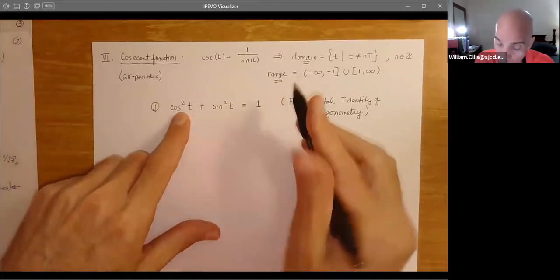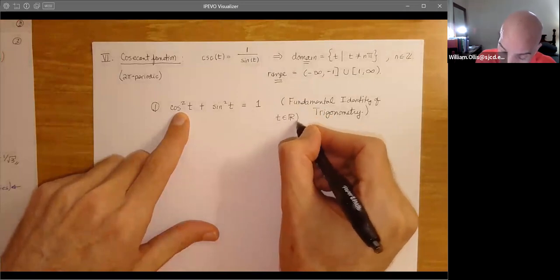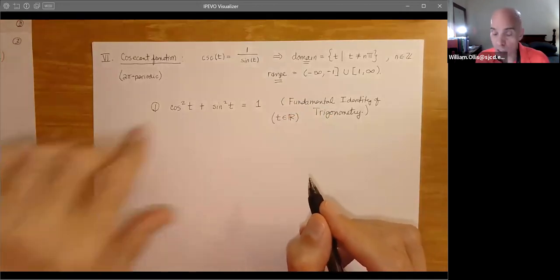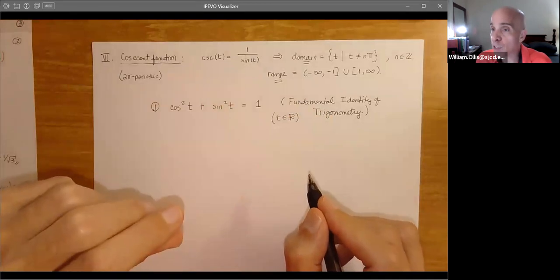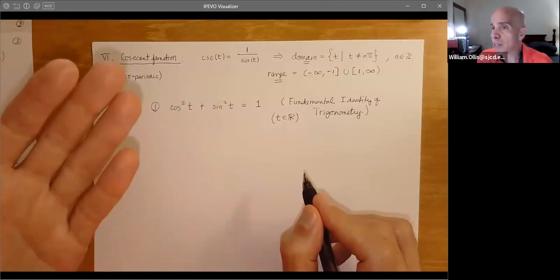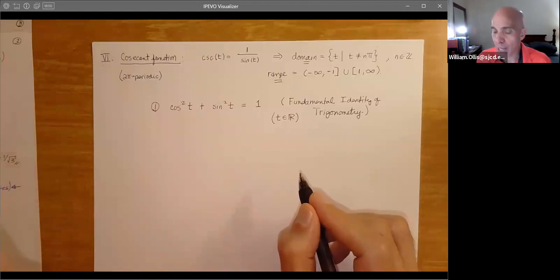But this is defined for all real numbers, so we can say t is a real number. Now we can do two more Pythagorean identities by just a little bit of algebraic manipulation. However, it won't be that all real numbers will work, because we will have some division by 0, but that's okay. We will still have very, very useful identities.